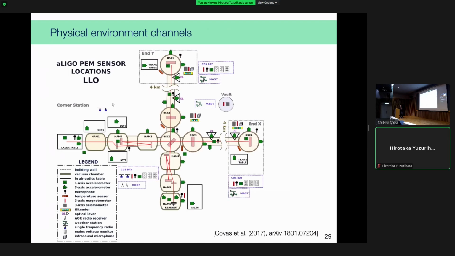So we have many physical environment sensors, and here I introduce several examples. The green box means accelerometer, and this is an example of microphone, magnetometer, temperature, and voltage monitor, and also infrasound microphones. Many physical environment channels are installed and working for noise hunting.